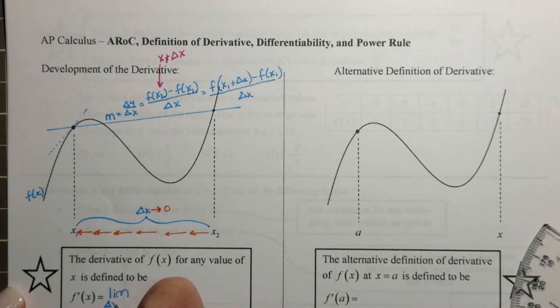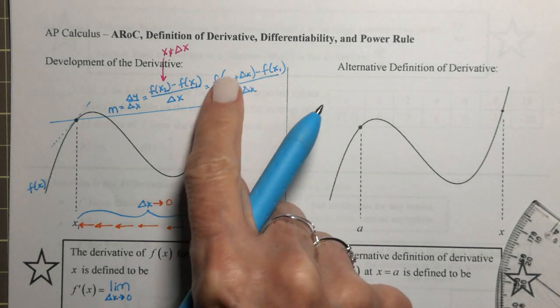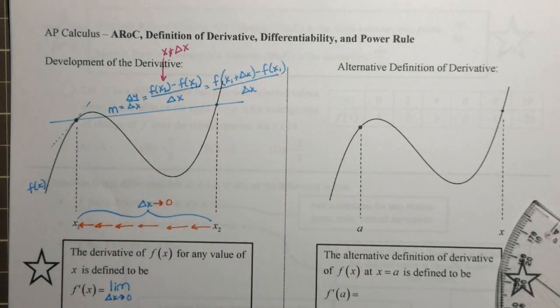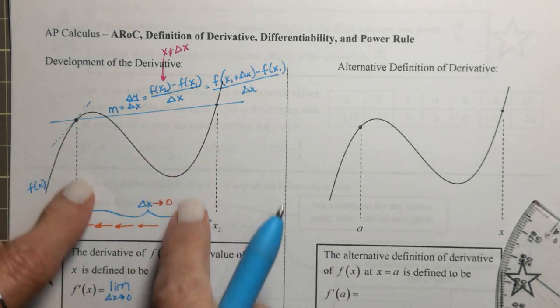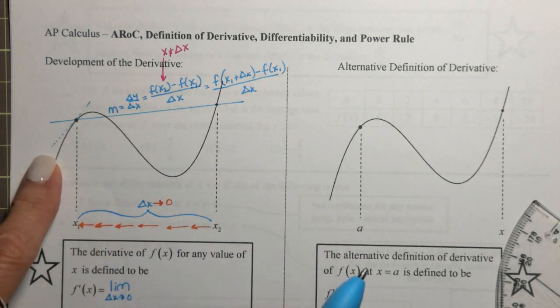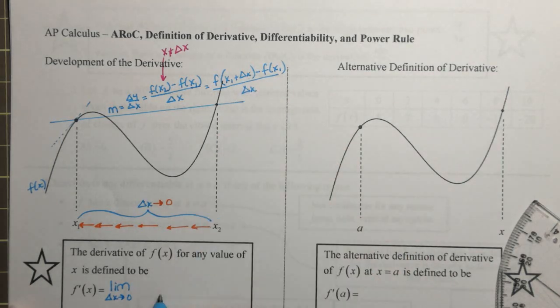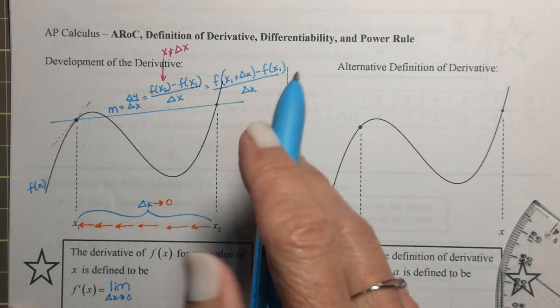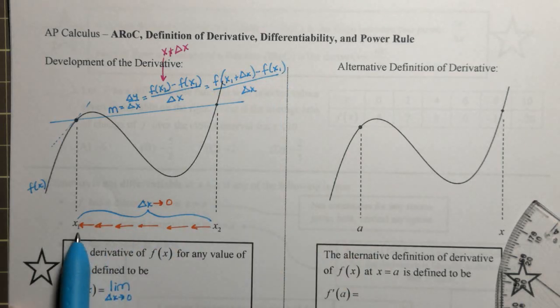As change in x goes to 0 of the slope of that line. Here it's the slope of the secant line, but after we perform this limit, it will be the slope of the tangent line. I'm going to write this down here in the box, but as I do it, I'm just going to remove the subscript on that x so that this is just any x right here.